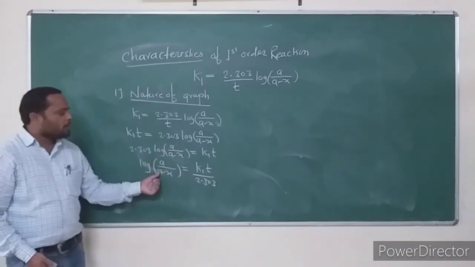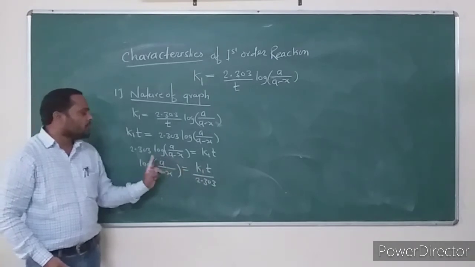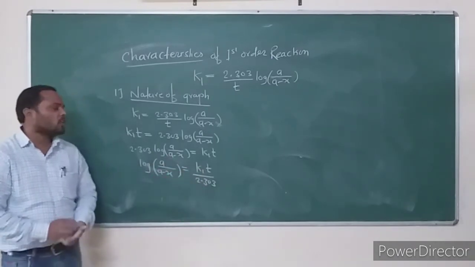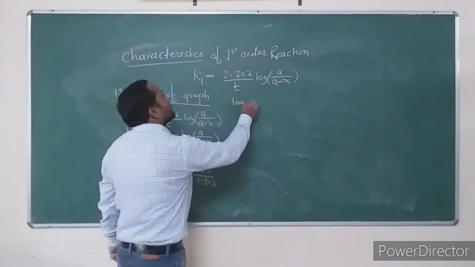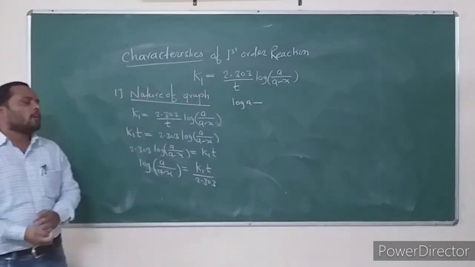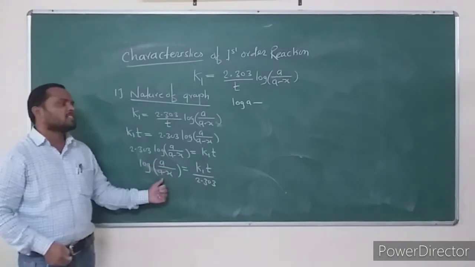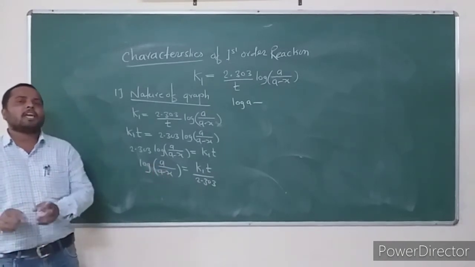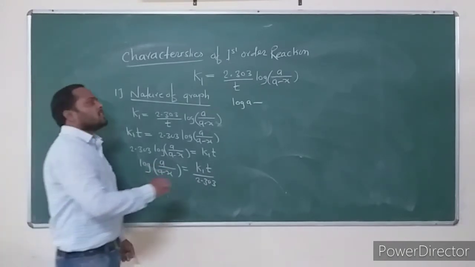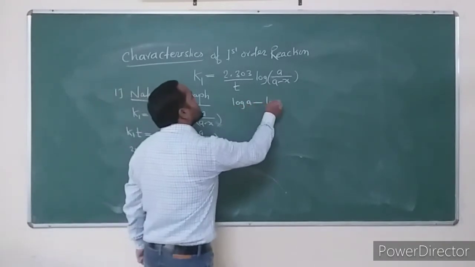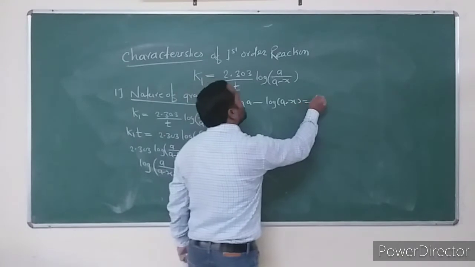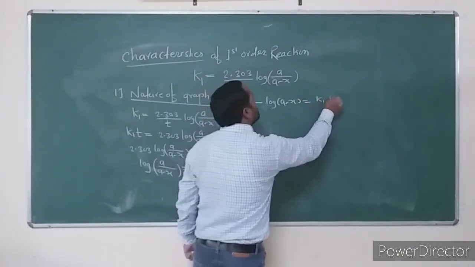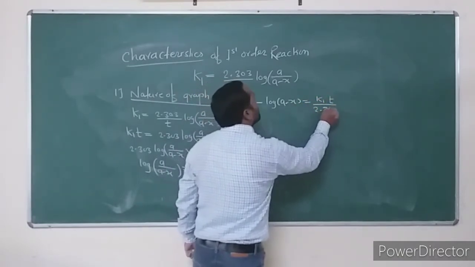Log a upon a minus x is equal to k1t divided by 2.303. Again, using the rules of logarithm, log a upon a minus x is equal to log a minus log a minus x, which is equal to k1 into t divided by 2.303.